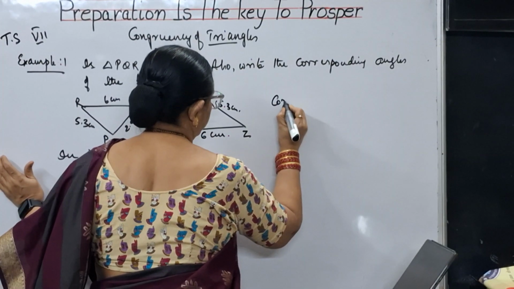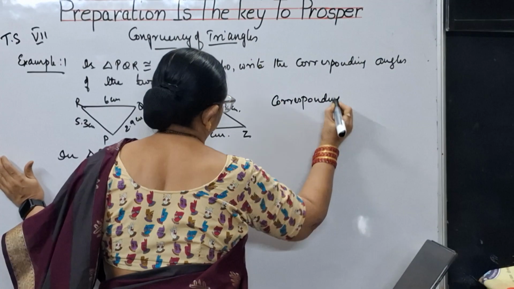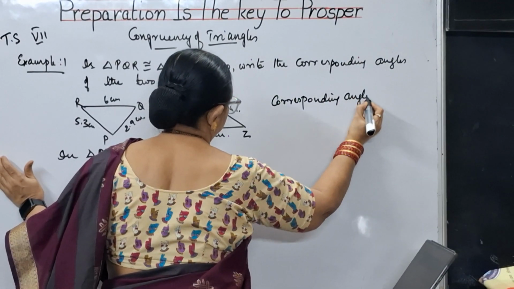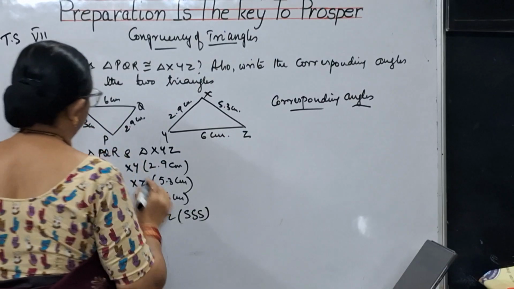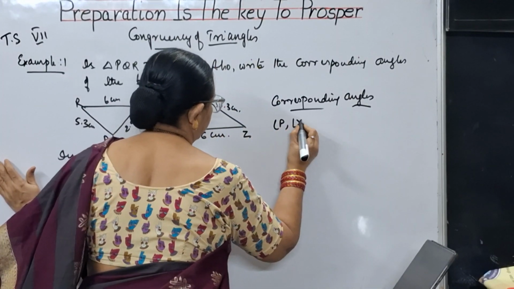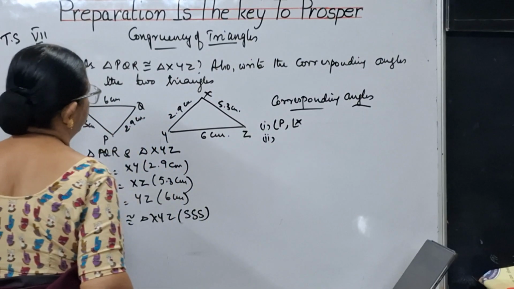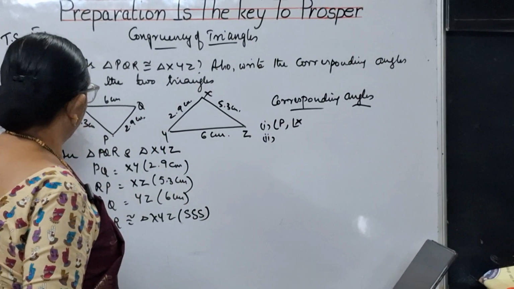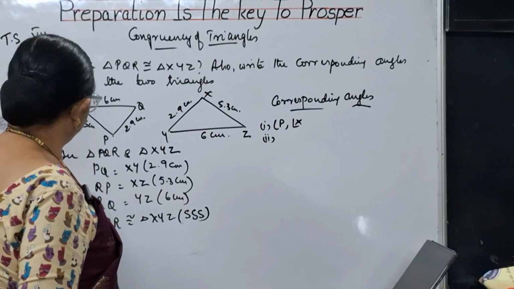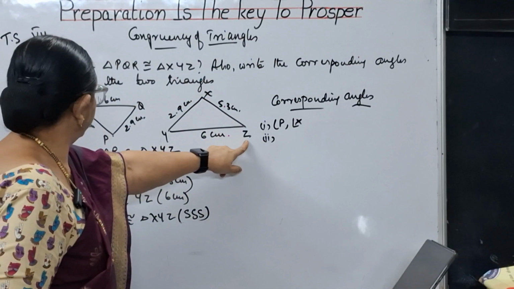So what are the corresponding angles? Angle P and angle X is one set of corresponding angles. And PR, that is RP is equal to XZ, we said.